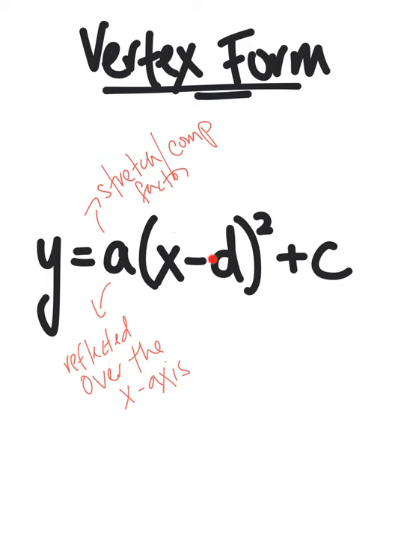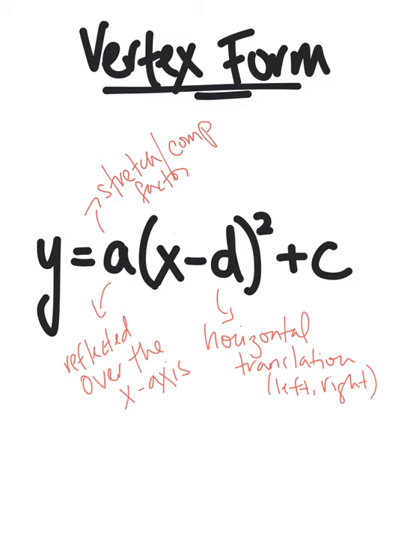And then we have our d value, which remember, x lies. So it's going to be going the opposite direction that you would assume, but it's a horizontal translation. So it's going right and left. And then our c value is going to be our vertical translation. So this one's pretty straightforward. It's going up and down.